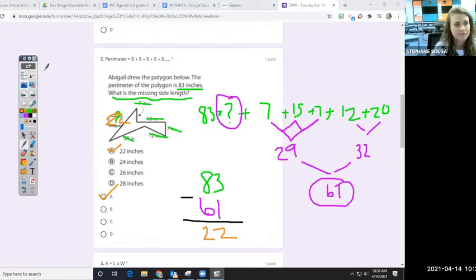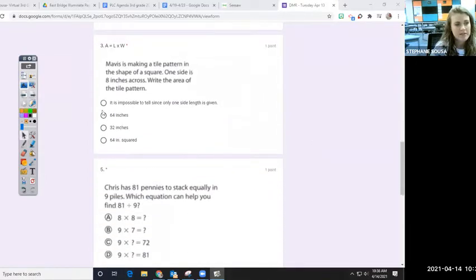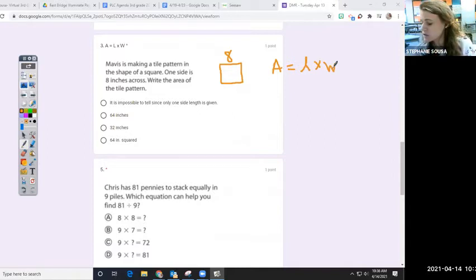All right. Next up, Mavis is making a tile pattern in the shape of a square. One side is 8 inches across. What is the area of the tile pattern? Area is equal to length times width. Miss Sousa, they only told us one of those.